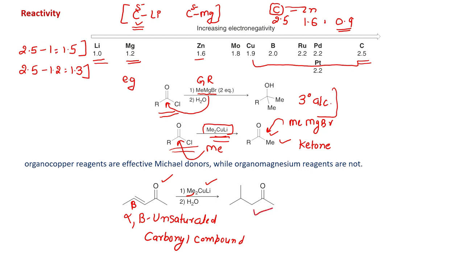This is called the Michael addition reaction. This product will not form when you react it with an organomagnesium reagent, because the organomagnesium reagent will react with this part.